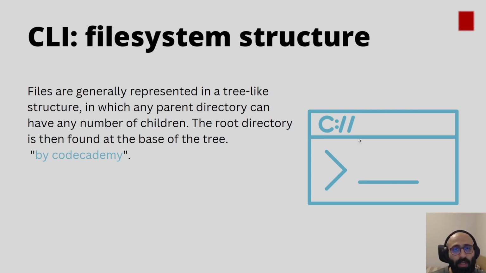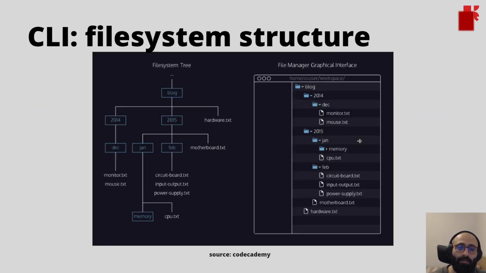In our case we have a folder called empty, and this folder has another folder called car, which might have other folders or files. Here I visualize a representation of what a file system looks like in computers.